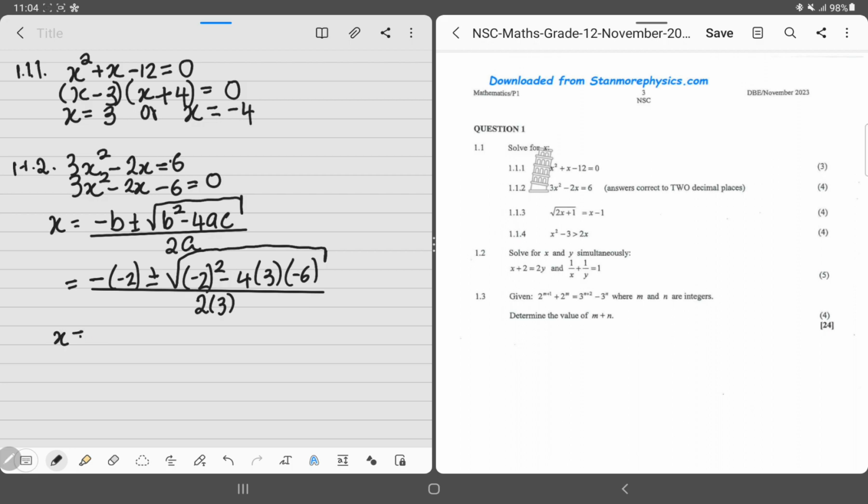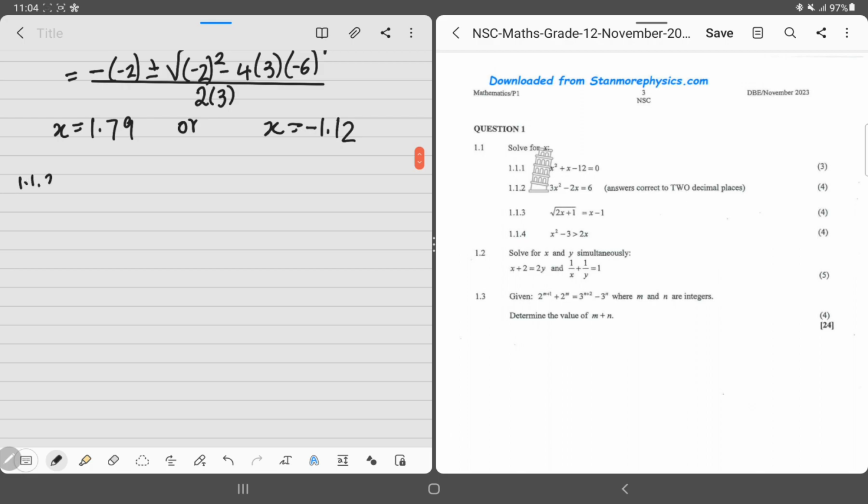Then we just use our calculator to find the solutions. So I'm getting x equals 1.79, or x equals negative 1.12.